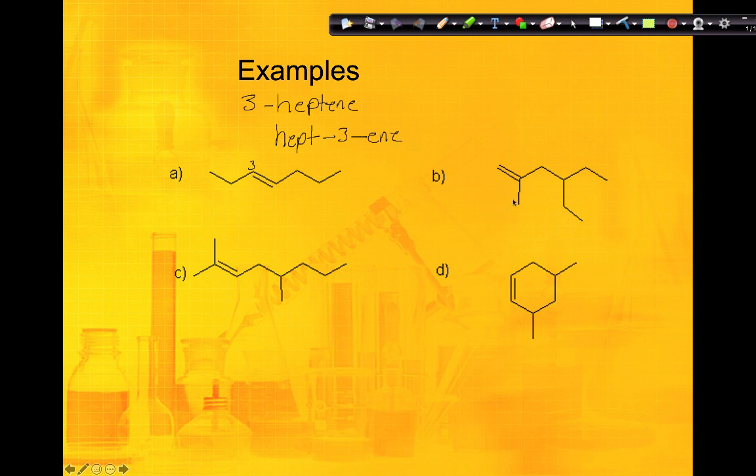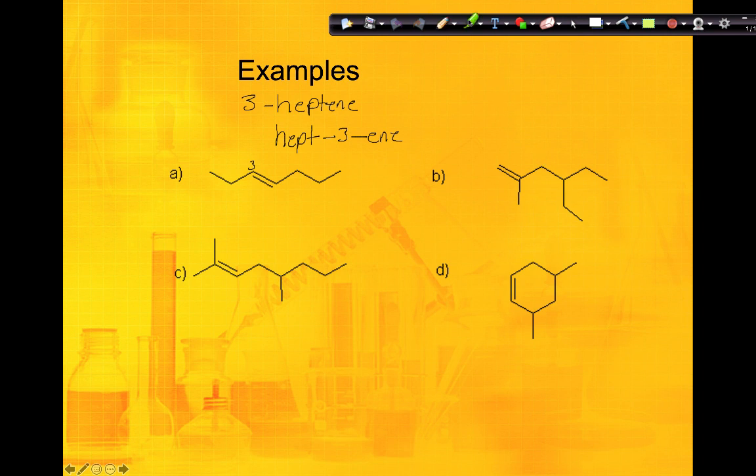So B. All right, so remember, when you find the longest chain, it has to include the double bond. So 1, 2, 3, if I go down, that's not going to be the longest. 1, 2, 3, 4, 5, 6. Okay, if I number it again, 1, 2, 3, 4, 5, 6. It's 6 either way.